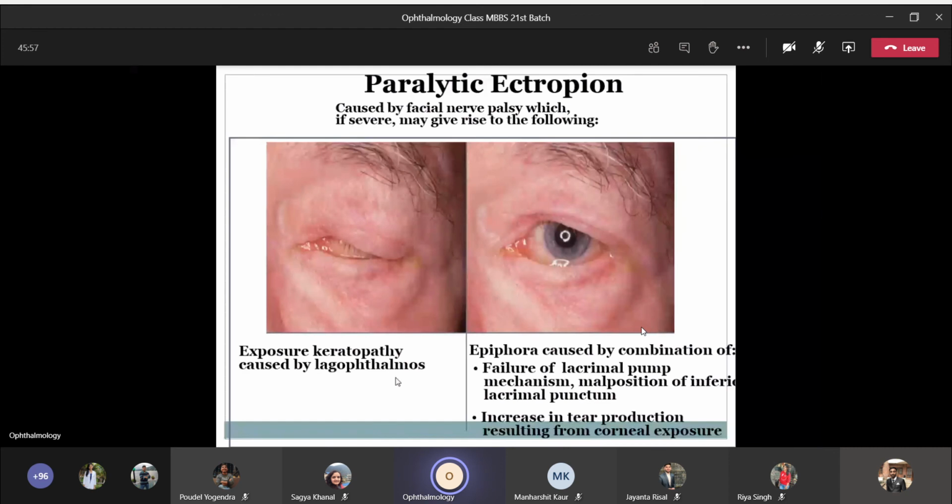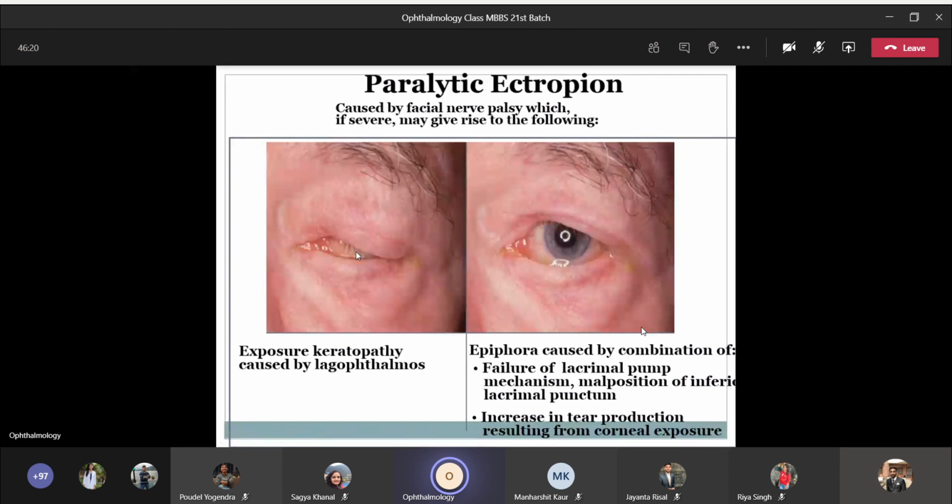And this paralytic ectropion is caused by facial nerve palsy, which, if severe, may give rise to the following conditions. So if there is facial nerve palsy, there will be inability to close the eye, which is known as lagophthalmos. And if the patient is not able to close his eyes, then the cornea will be exposed, which leads to exposure keratopathy.